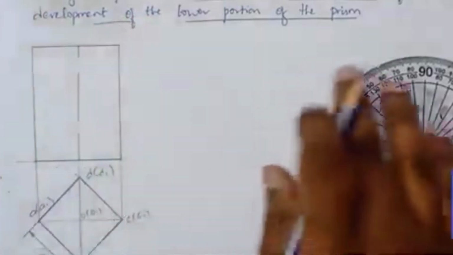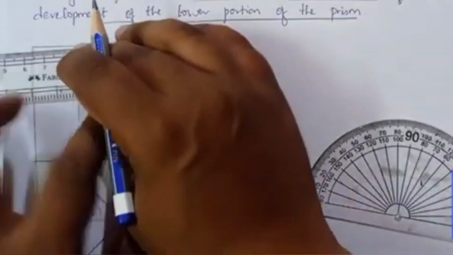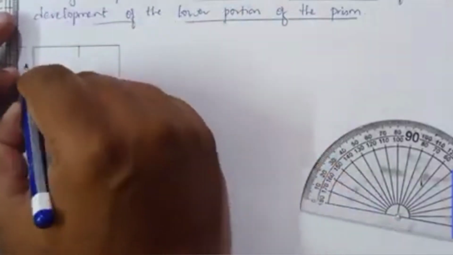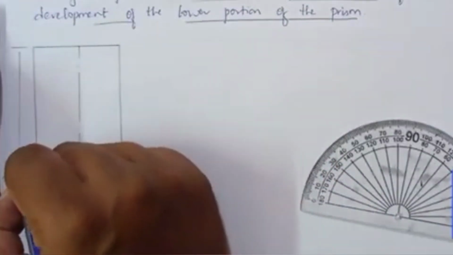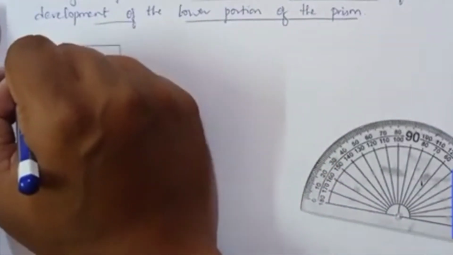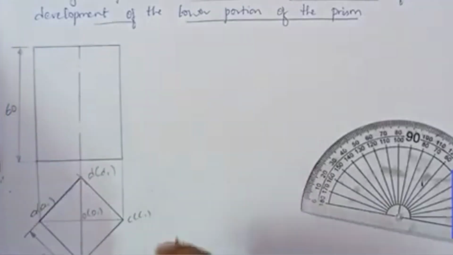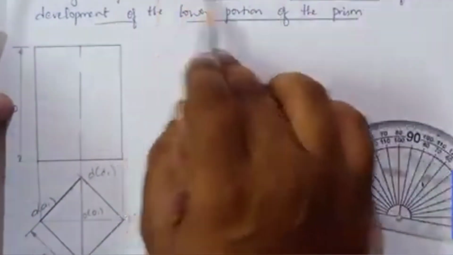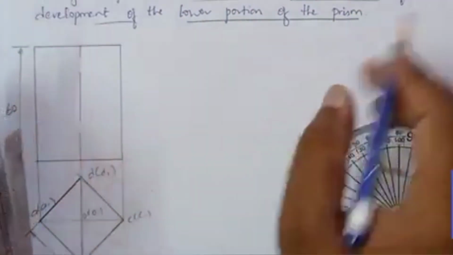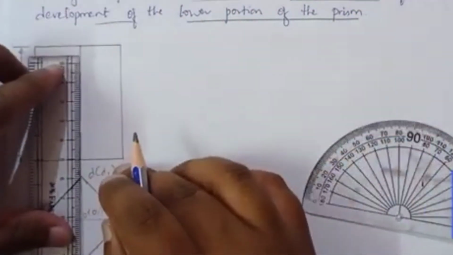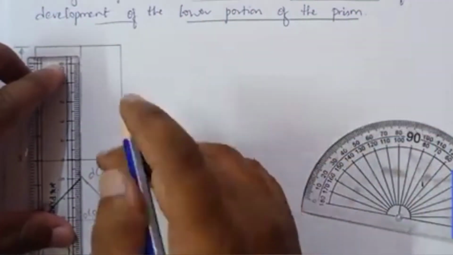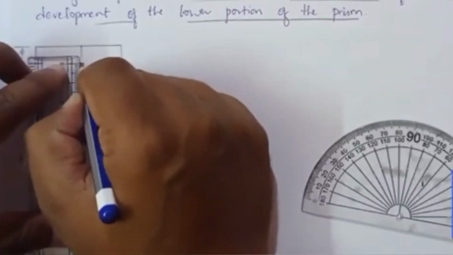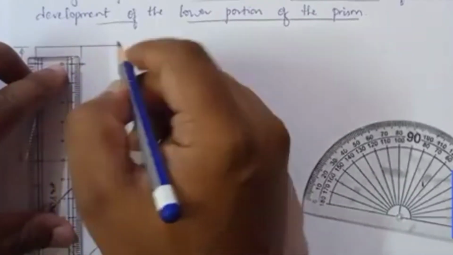Now here you can see the inclined plane, that is the cutting plane. We will show the dimension here, 60 mm, the axis length. The inclined plane is cutting at an angle of 60 degrees, and it is at a height of 50 mm from the base. So from the base we consider 50: mark a point at 50 mm, that is 5 centimeters.